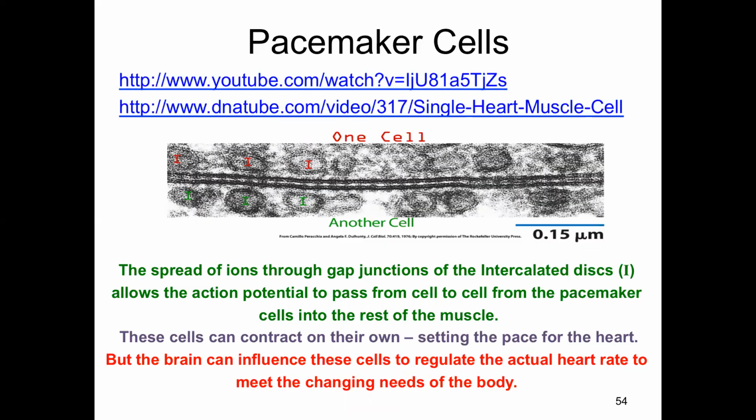So if you, say, get a heart transplant, the heart is going to be influenced by its own pacemaker. You're not going to get that innervation into the transplanted heart for a long, long time. It can be regulated using hormones. But suffice to say, the heart can beat on its own. That's why it has its pacemakers.